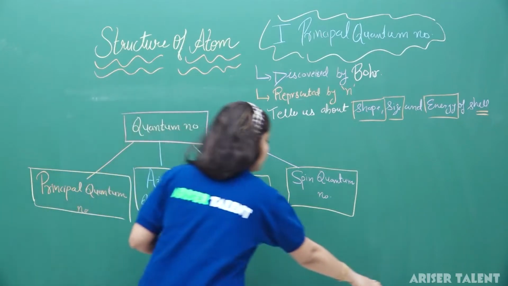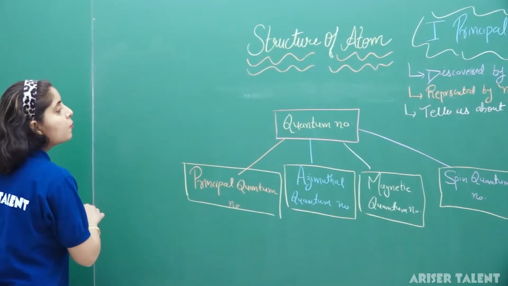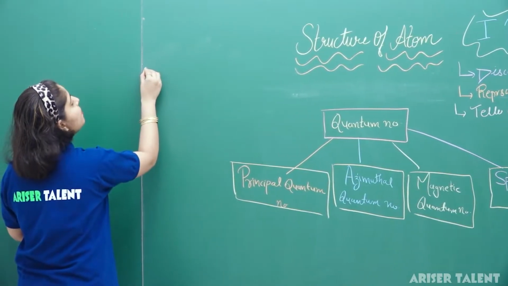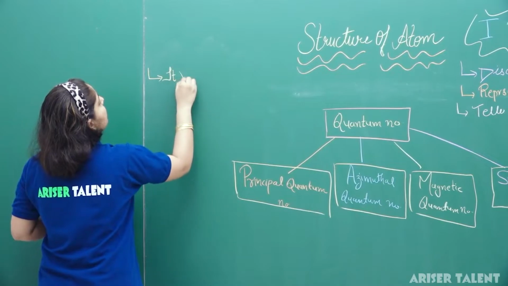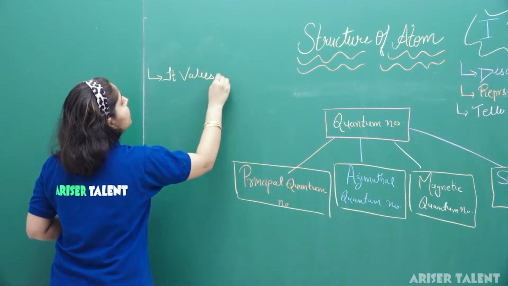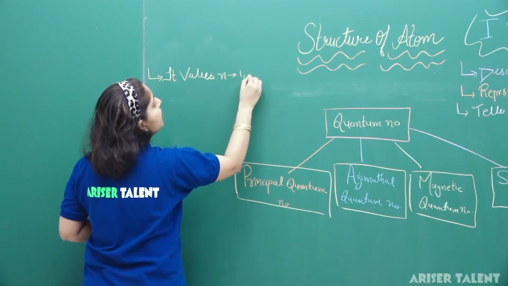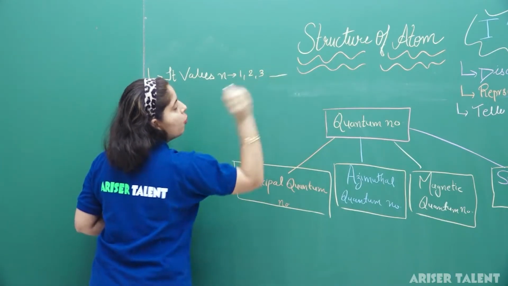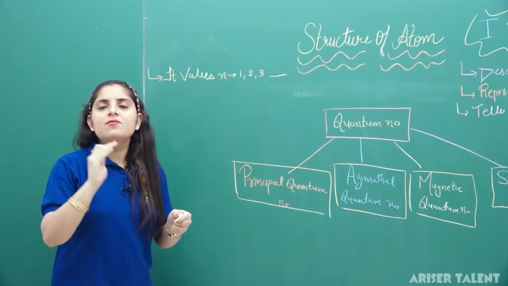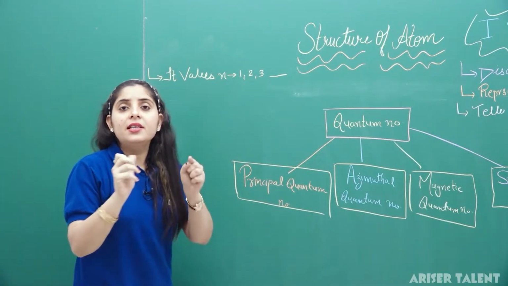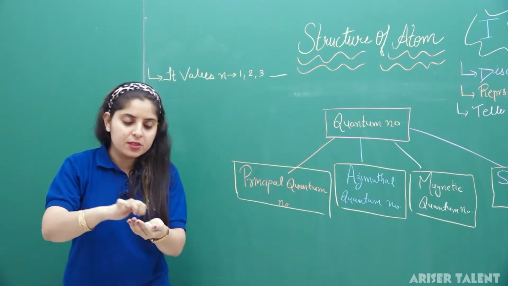Now we have a fourth consideration about the principal quantum number, that is, its value will be represented as n and it may be 1, 2, 3 and so on. Now what actually happens is, if n increases, the distance of the electron from the center of the nucleus is going to increase.